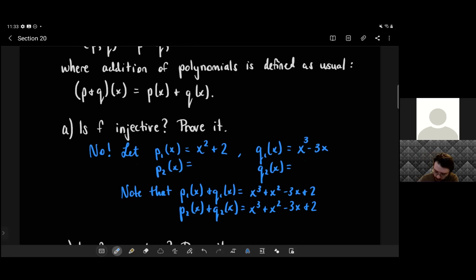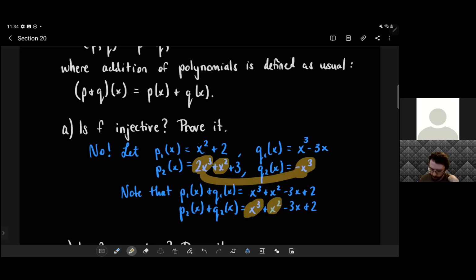Well, I don't know. You could say this is 2x cubed plus x squared plus 3. Again, you can actually pick anything you want for that one. And then you just have to be real careful about what you pick here. So I want a negative x cubed. That'll ensure when I add those together, I get this term. I already have the x squared, so I don't need an x squared term on Q2.